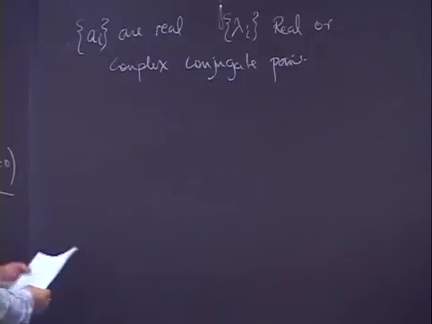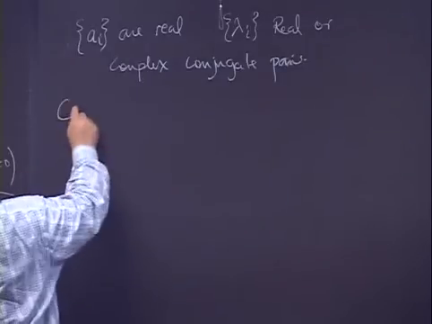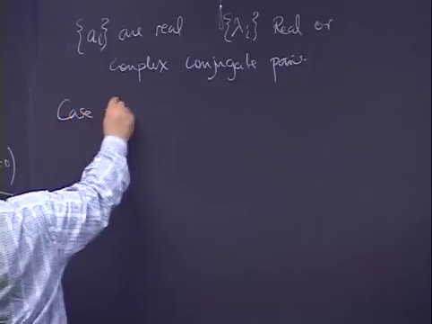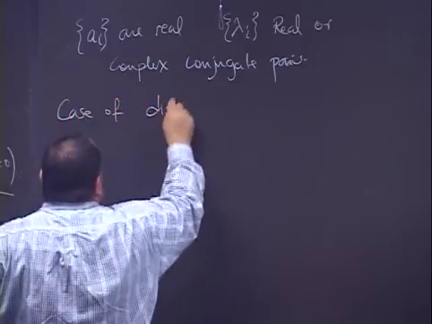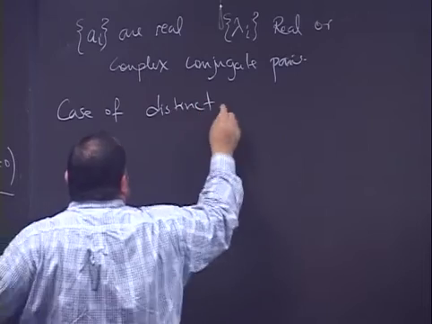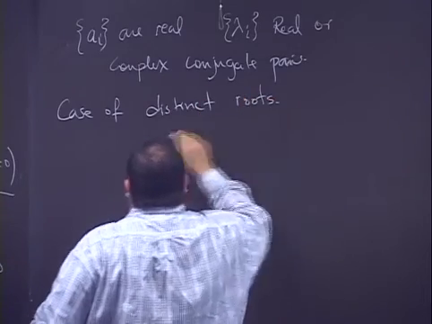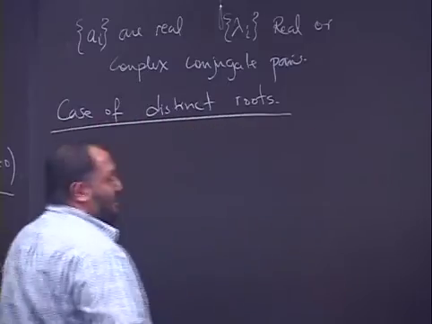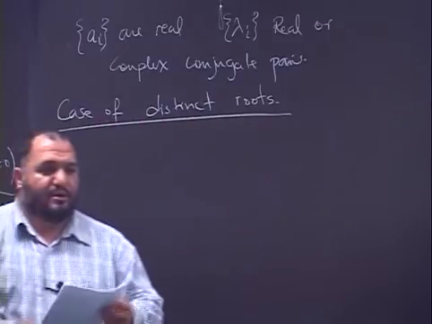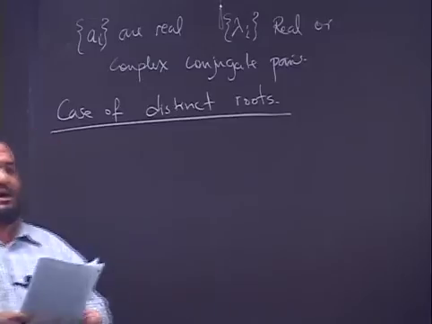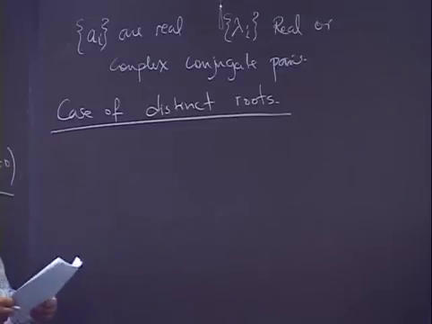Then we stated last time that we will look first at the case of distinct roots. What do we mean by distinct roots? The roots are different, and they do not duplicate or repeat.